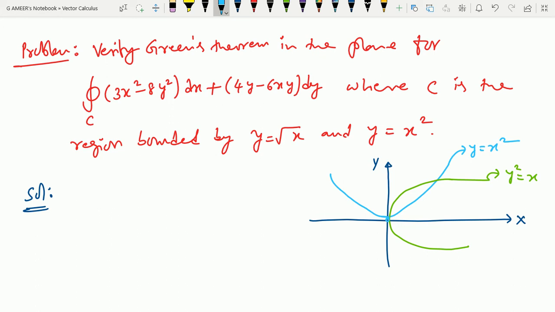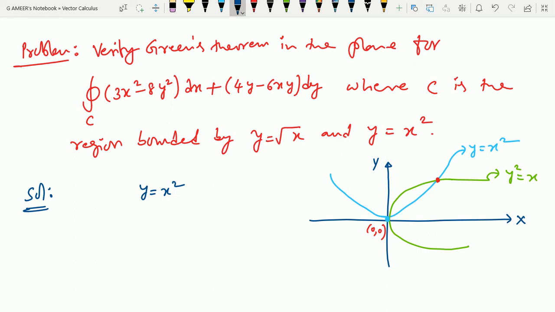So obviously here is the meeting point. That meeting point will have the 0, 0 coordinates, and here is the other meeting point. Those meeting point coordinates we can also determine, that is very easy. How to determine that? So y is equal to x square, and y square is equal to x.